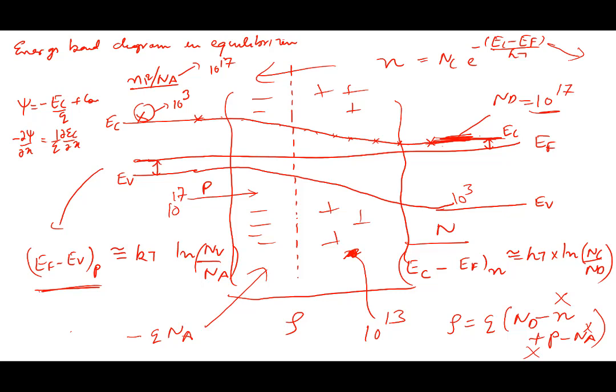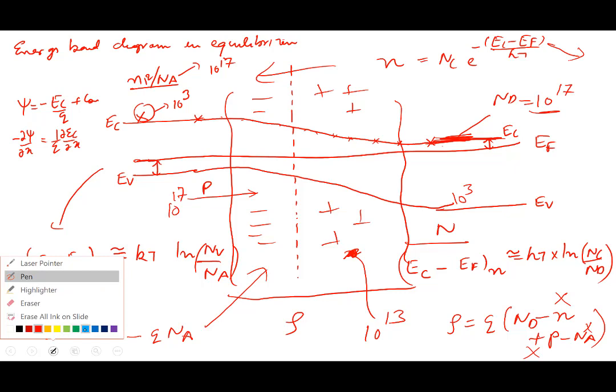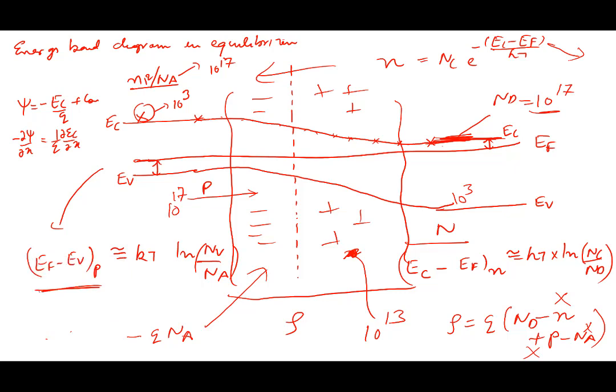There's one quantitative piece of information that I get from here. I've totally messed up the diagram with lots of things here. So if you look at EC on the P side and EC on the N side, far away from the junction, there's a region which is all charged up.